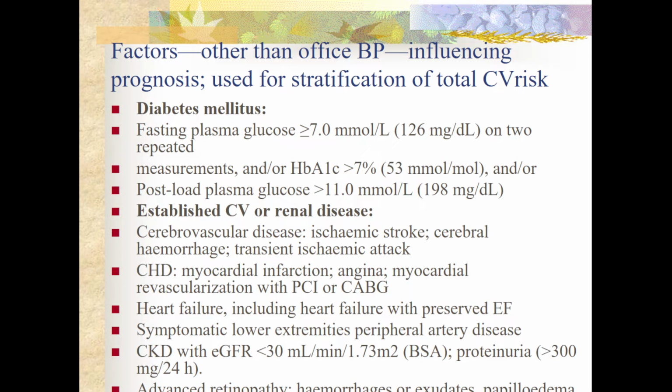Diabetes mellitus risk factor: fasting plasma glucose more than 7 millimole per liter seen on 2 repeated measurements, and or glycated hemoglobin more than 7, and or post-load plasma glucose more than 11 millimole per liter.